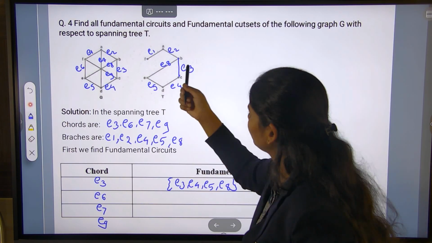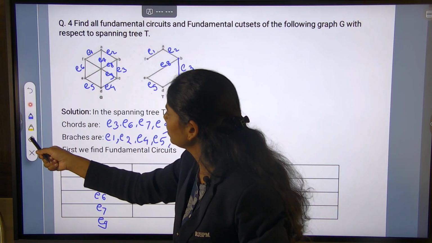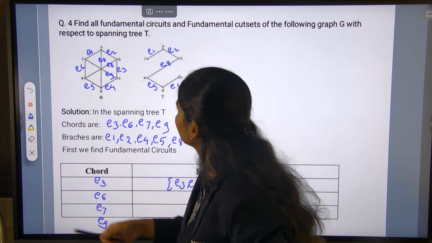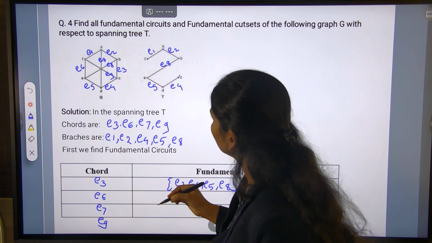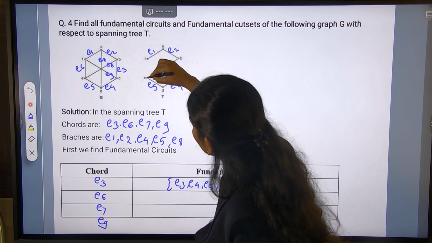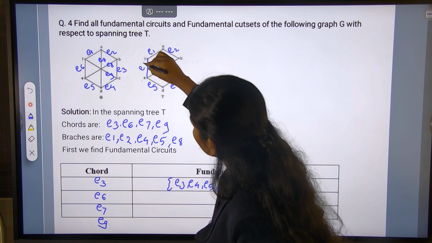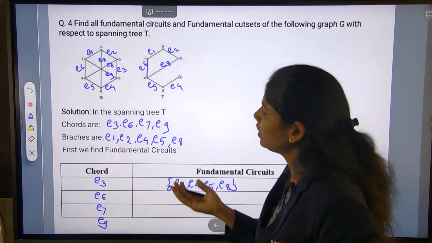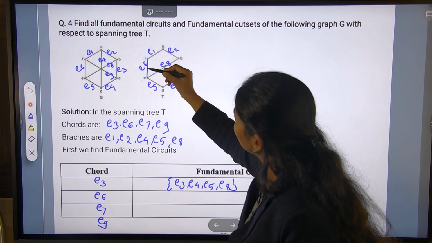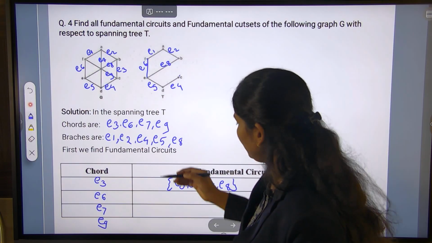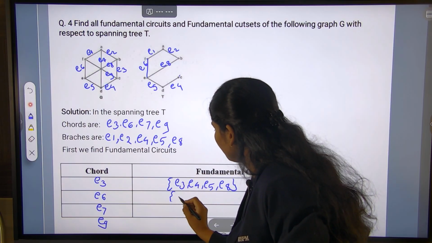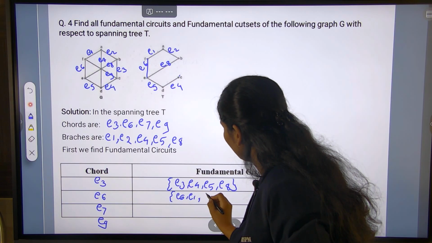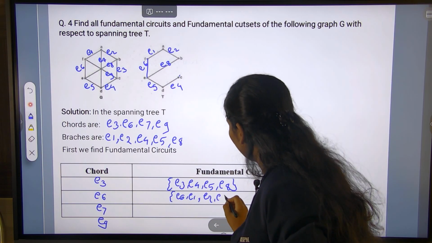Then go for next. Next chord is E6. So join E6. After joining E6, we get a fundamental circuit having edges E6, E1, E2, E8. Write down here E6, E1, E2, E8.